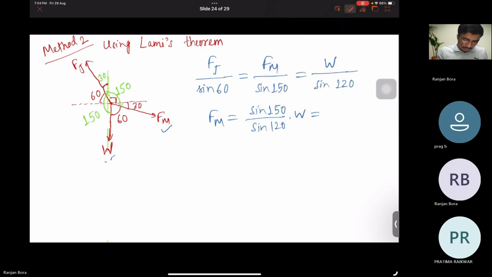I was not getting the answer. Means Fj W divided by sine 150. So Fm will be equal to W, and Fj will be equal to sine 60 divided by sine 150.